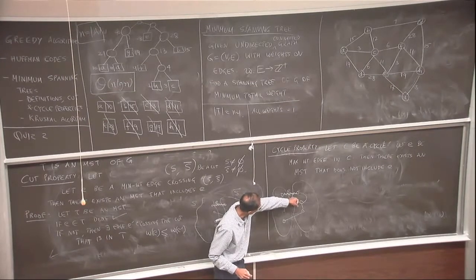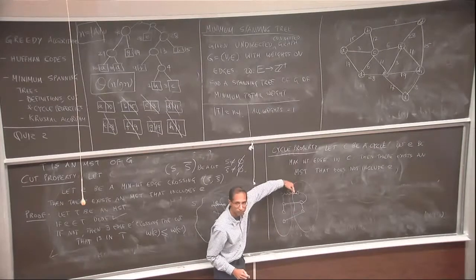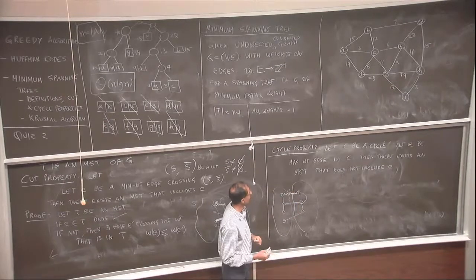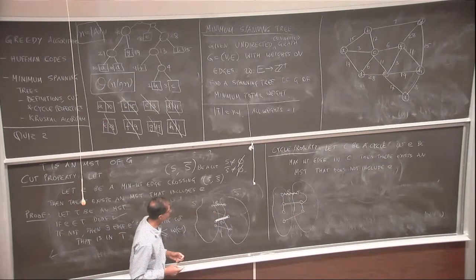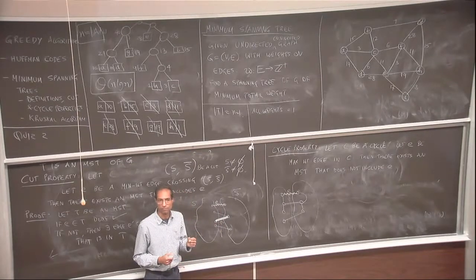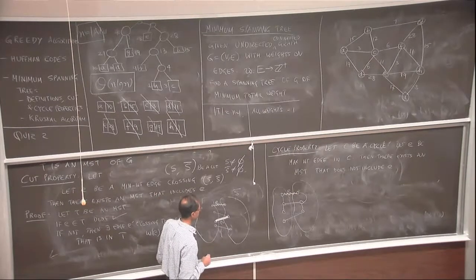If I remove E prime, it does split the tree into two pieces, but it does not split it across the boundary. So we can't simply remove E prime and add E. Okay. So let me give you another example, maybe a cleaner example.